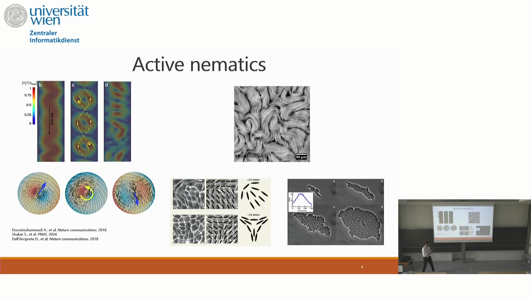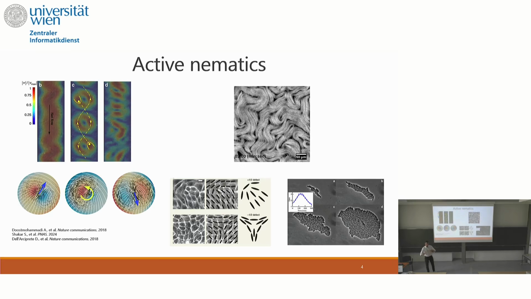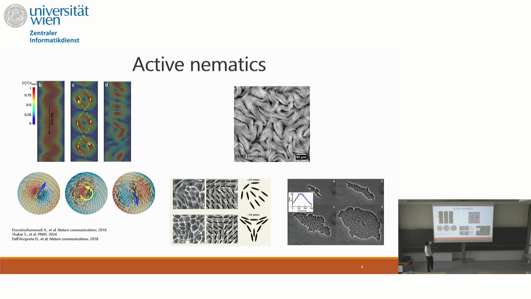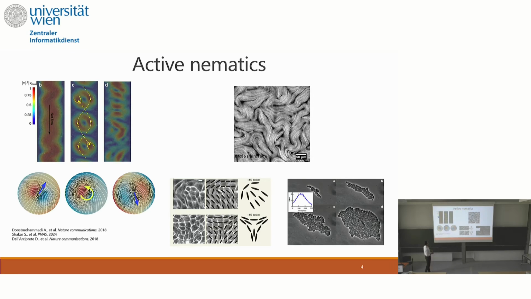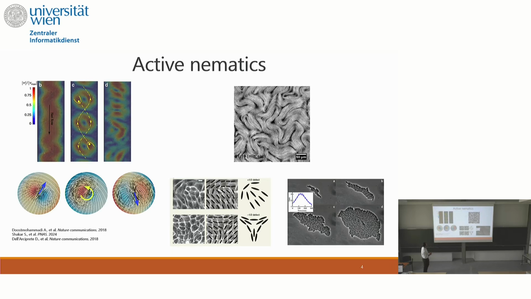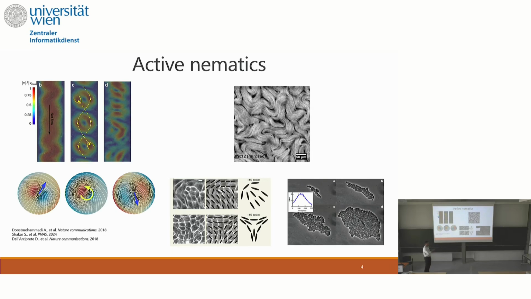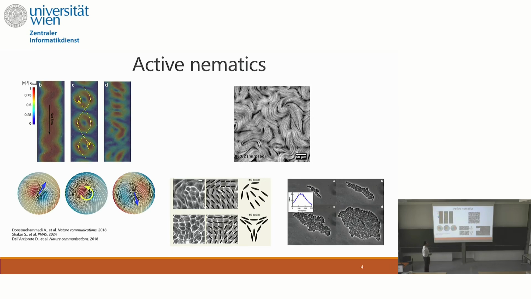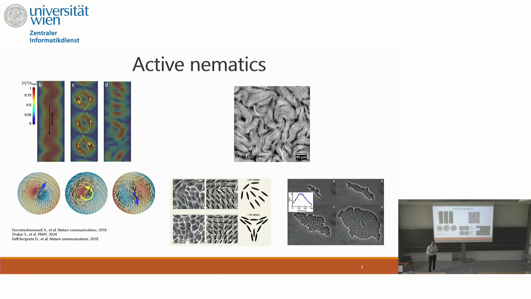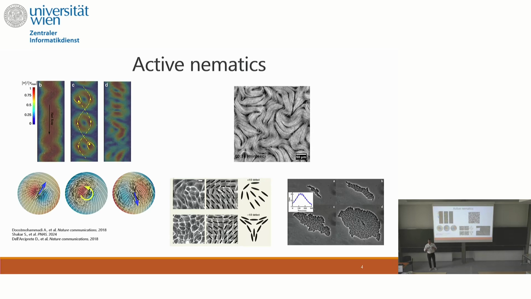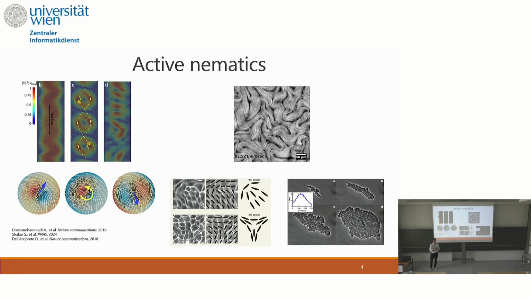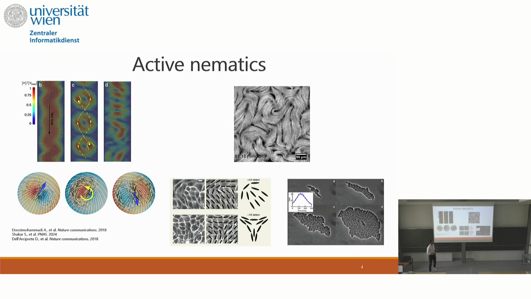With different confinement, with changing of activity, we can have very different dynamical regimes. So for example, on the top left picture, we can have some net flow, we can have these defects dancing in spirals, or we can actually get this active turbulence, which is chaotic movement of topological defects at low Reynolds number.